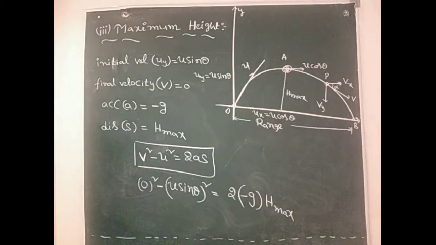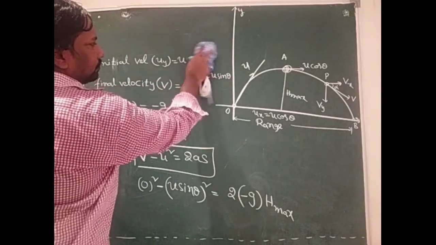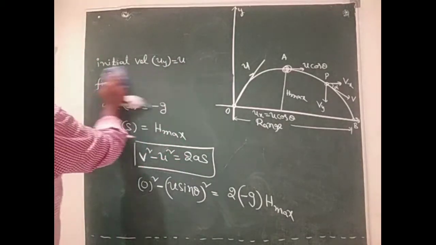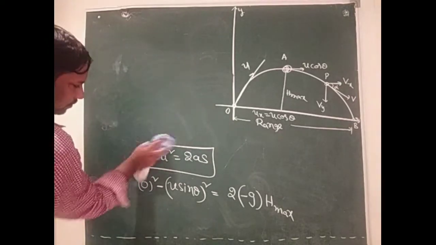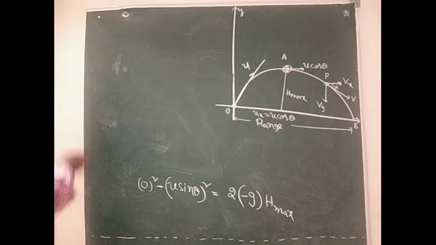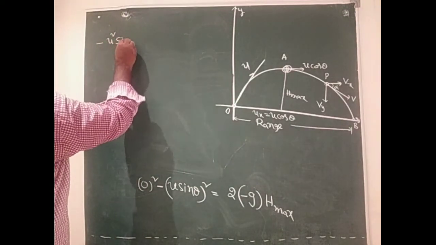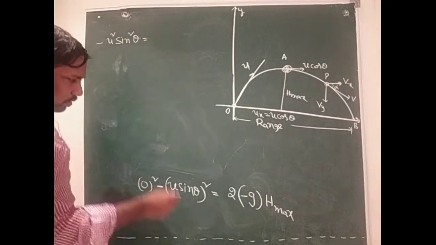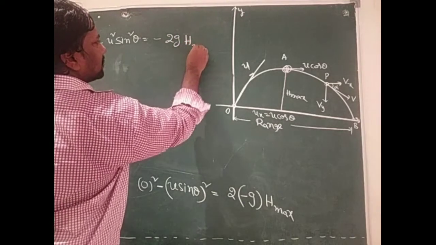Now it can be written as minus u square sin square theta is equal to minus 2g h maximum.